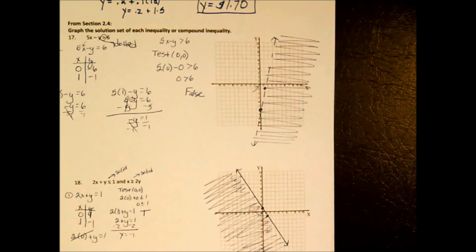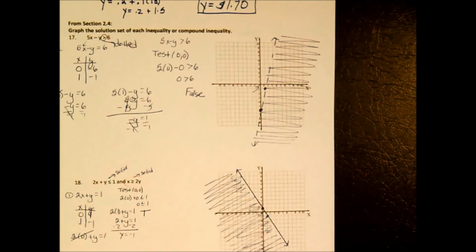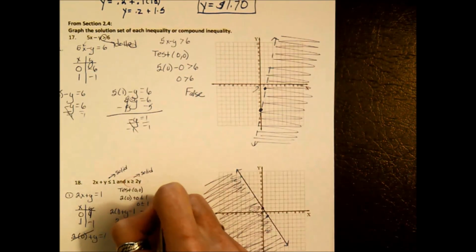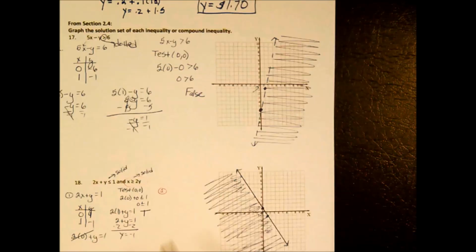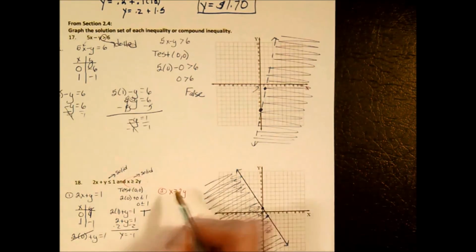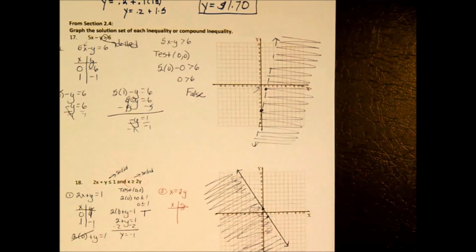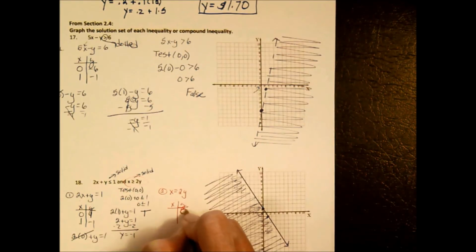I'm now going to go to my second one. I'm going to do this one in red. Secondly, I write the boundary equation for that one, which is x equals 2y. Since x has a 1 in front of it, we're going to pick values for y. I'm going to pick a 0 for y. That would mean x is 0, and that means, uh-oh, it goes through the point 0, 0.